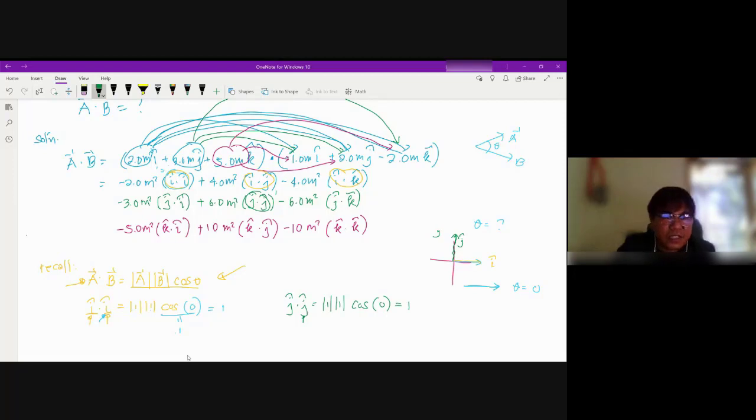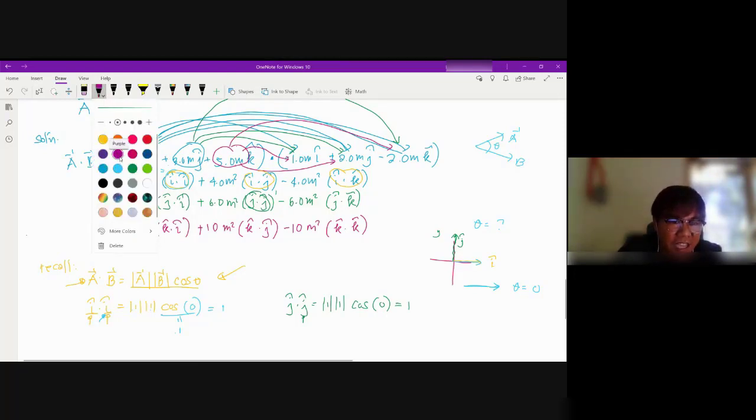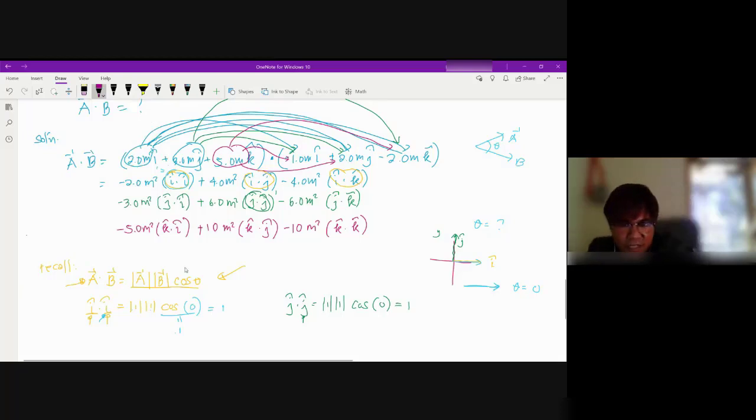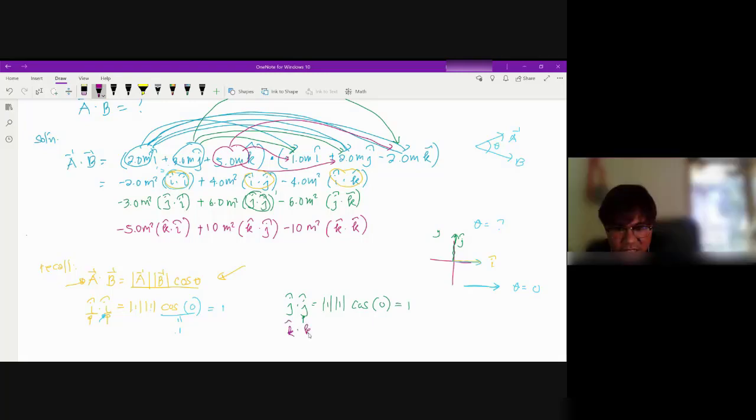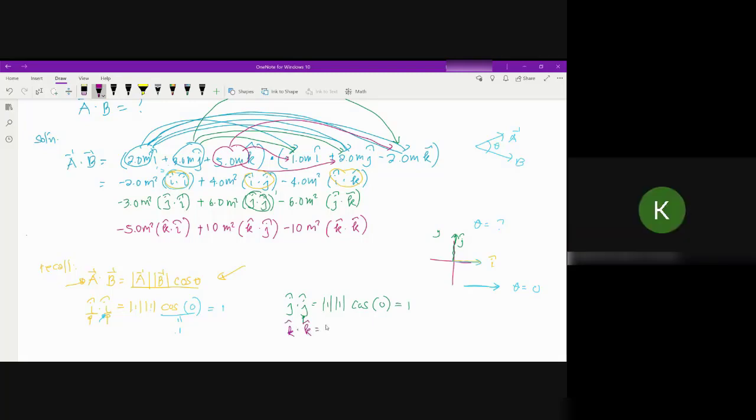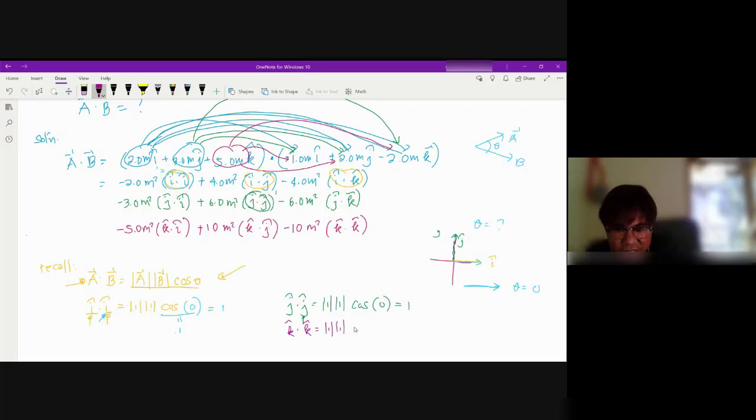How about k hat dot k hat? Can you guess now? The angle between k hat and k hat is equal to 0, so this is also equal to 1.